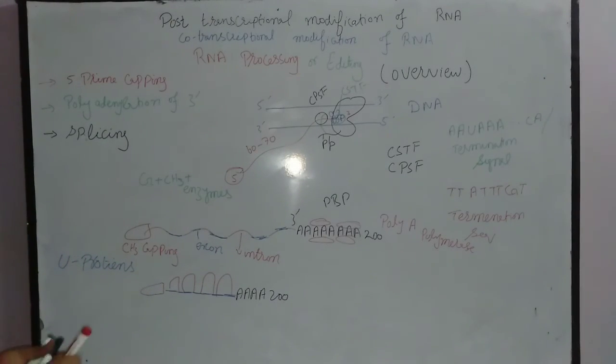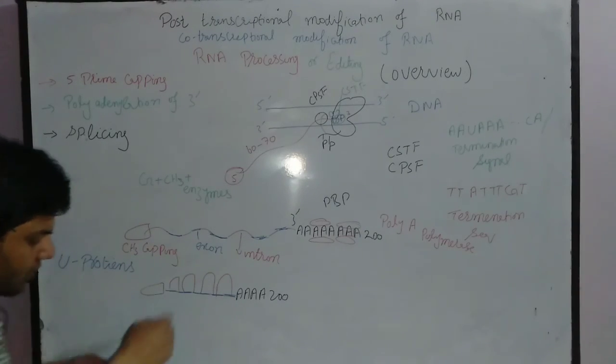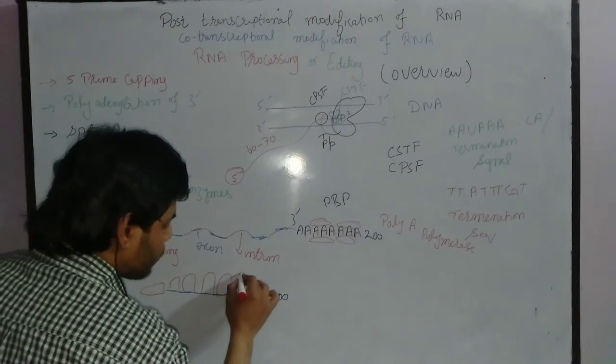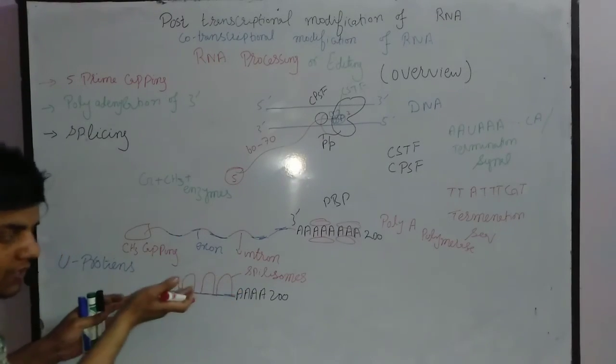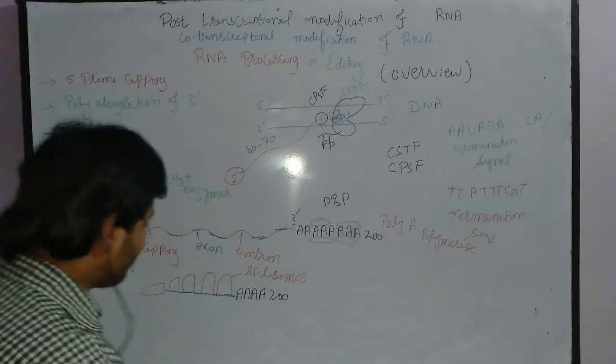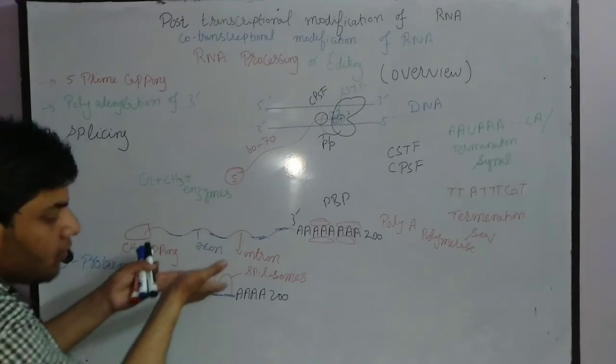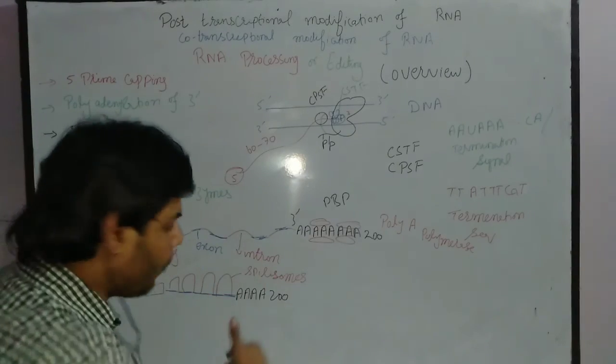Okay, now these introns become spliced. Now this structure, as you can see, we call a spliceosome. The spliceosome, which is also like an organelle, once formed, will then be cleaved out, as you can see.